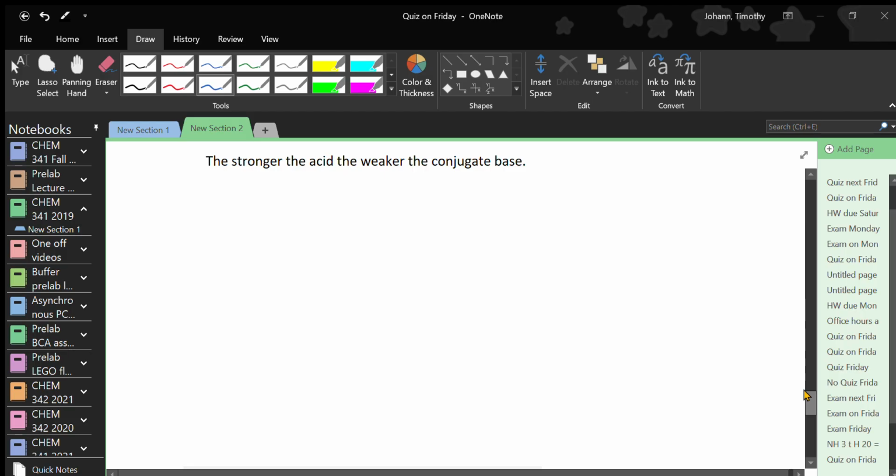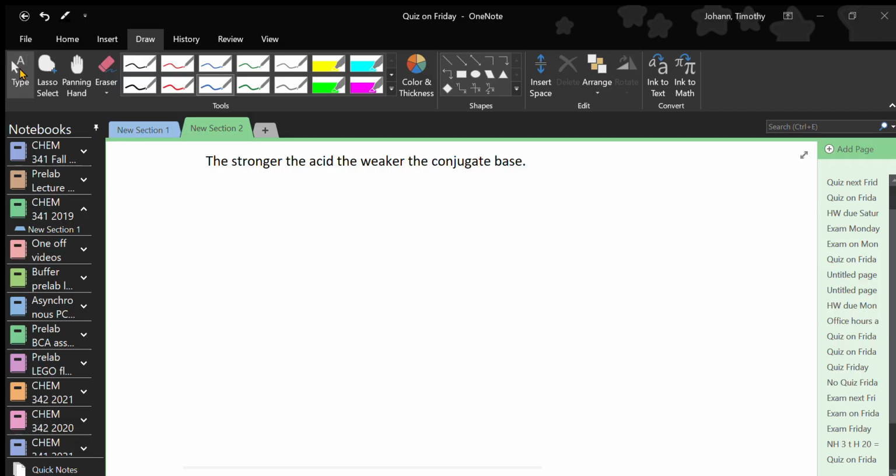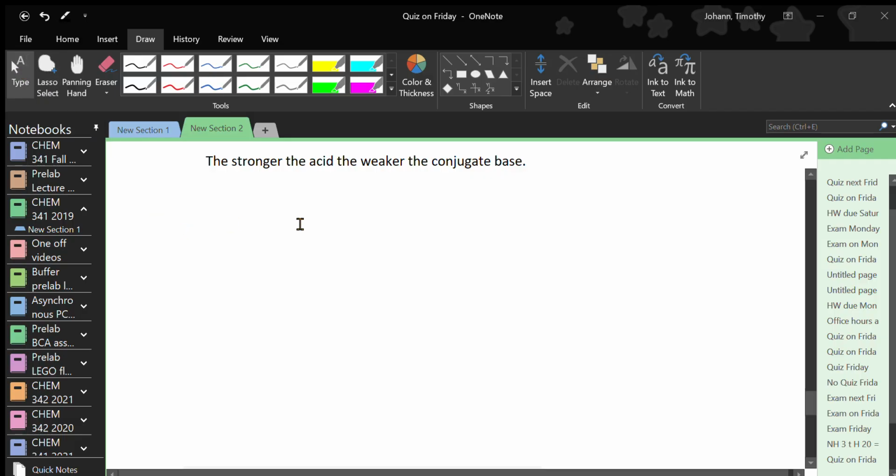Let's go ahead and, so now I want to talk about some cases where we don't apply those periodic trends, some special things that happen. We've got two things called resonance and inductive effects that also affect the strength of bases, or acid strengths, let's say.